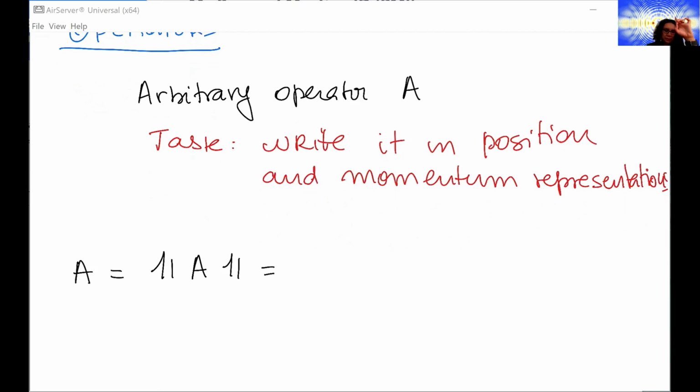Now, position, right? Let's do position.